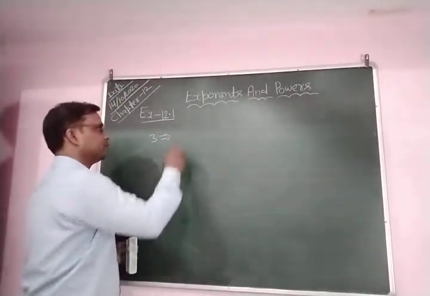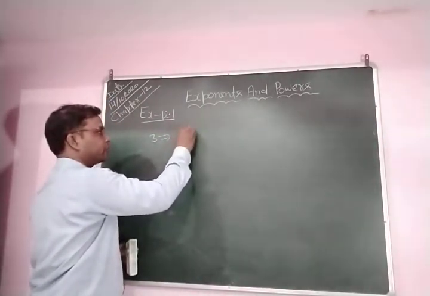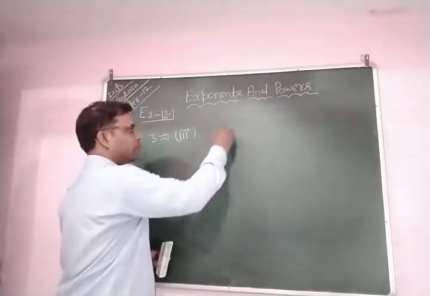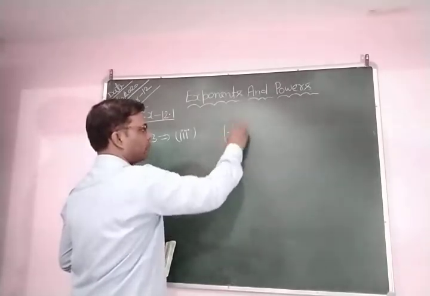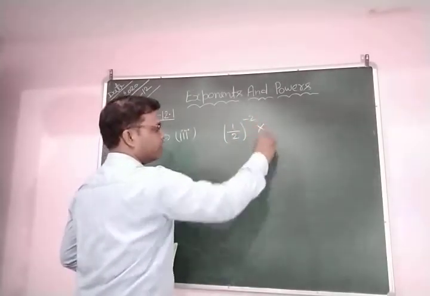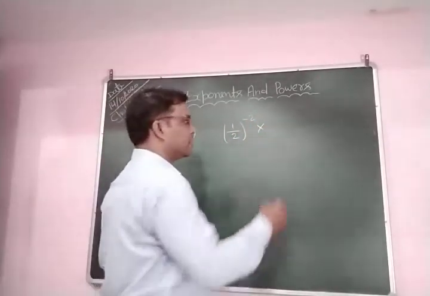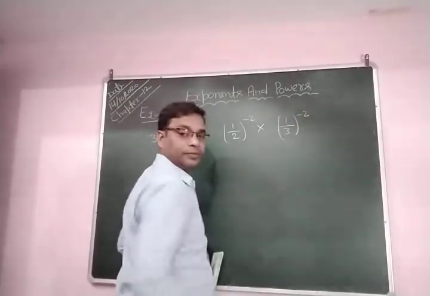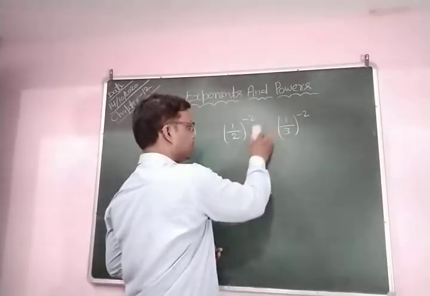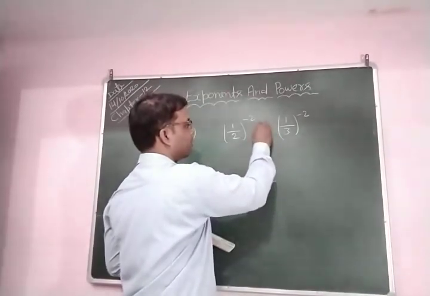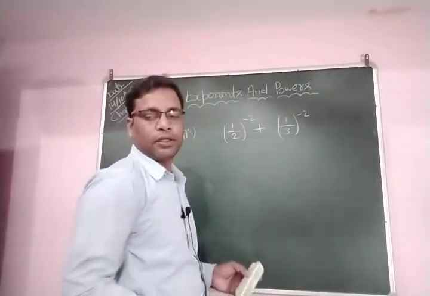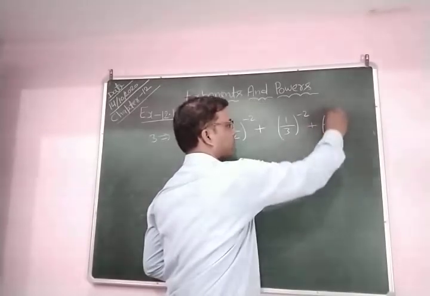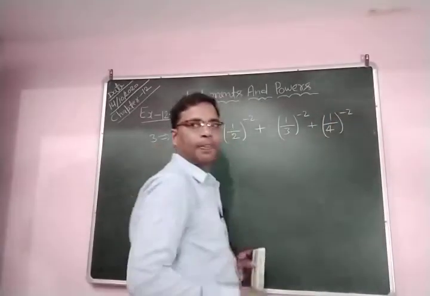Okay. Now the third part of this question. What is the third part? Third part of this question is 1 by 2 whole power minus 2 plus 1 by 3 whole power minus 2. Sorry, this is plus, not into. And plus 1 by 4 whole power minus 2.